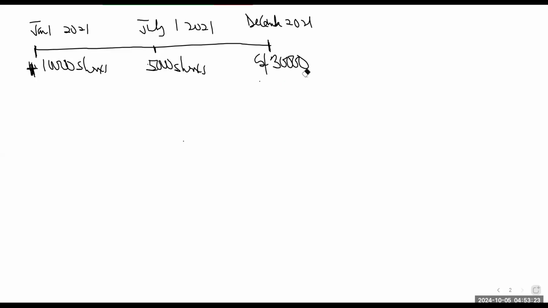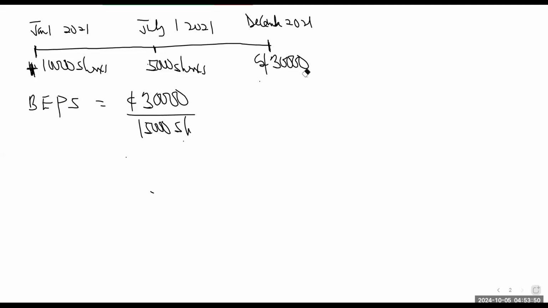What you have done over here is the basic earnings per share: 30,000 divided by, let's say, 15,000 shares.